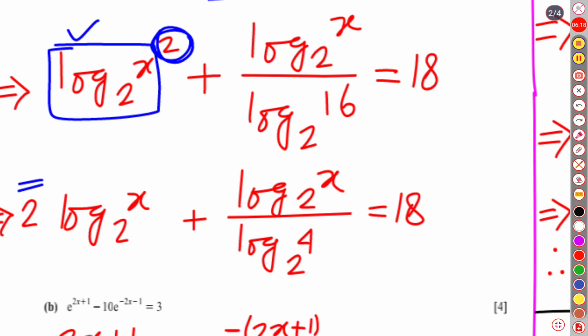In the denominator, the log base 2 of this 16 can be written as 2 raised to 4. So this argument is 16, and 16 can be written as 2 raised to 4. Have you got this? Because 2 raised to 4 means 16. So the argument 16 has been split into its prime factor.